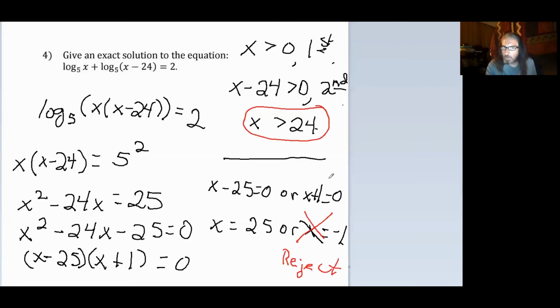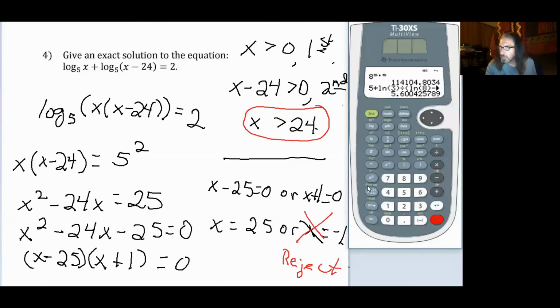So if I put in 25, I'm going to have to use change of base. Natural log of 25 divided by the natural log of the old base, of 5, plus, well, 25 minus 24, you could actually put this in the parentheses, but hey, that's going to be 1.